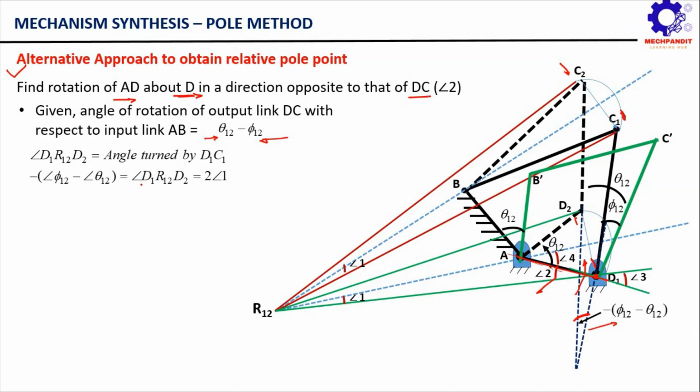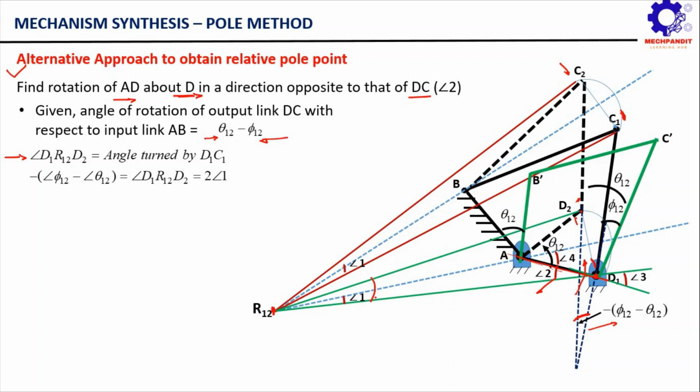Now let us see the angle turned by D1 C1. If we try to figure out the angle turned by D1 C1, you can simply see here that this angle will be given by angle D1 R12 D2. If you consider a point D on the output link DC, you can easily see that as the link CD moves from C1 D1 to C2 D2 position, this point D moves from D1 to D2 in a circular fashion, and it gets rotated through this angle D1 R12 D2.